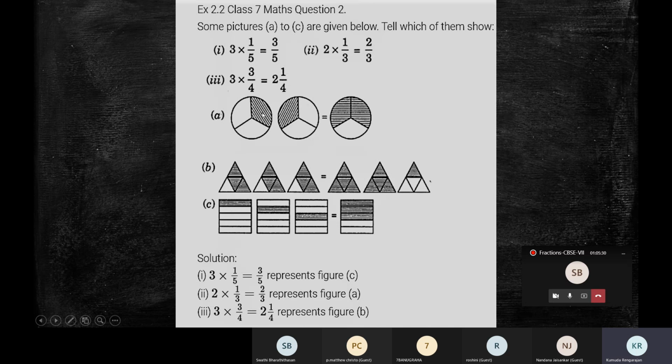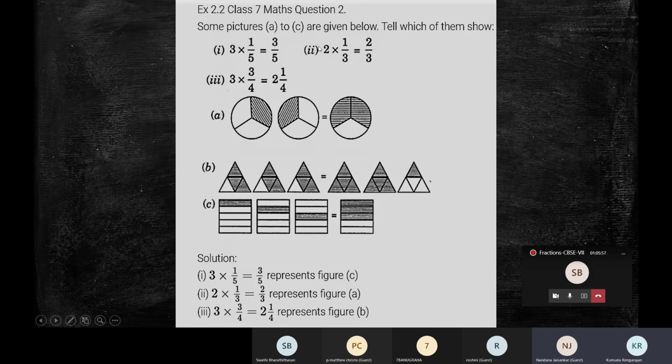Now see the first one, children. What fraction is represented here of the shaded region? Ma'am, 1 by 3. The second one? 1 by 3. So what is it? 1 by 3 plus 1 by 3. That is 2 into 1 by 3. And what is the answer here? 2 by 3.